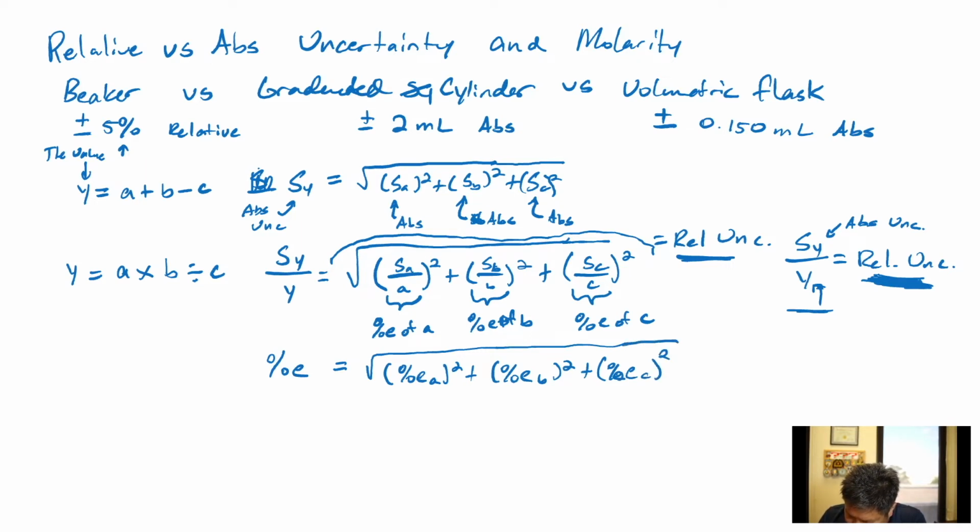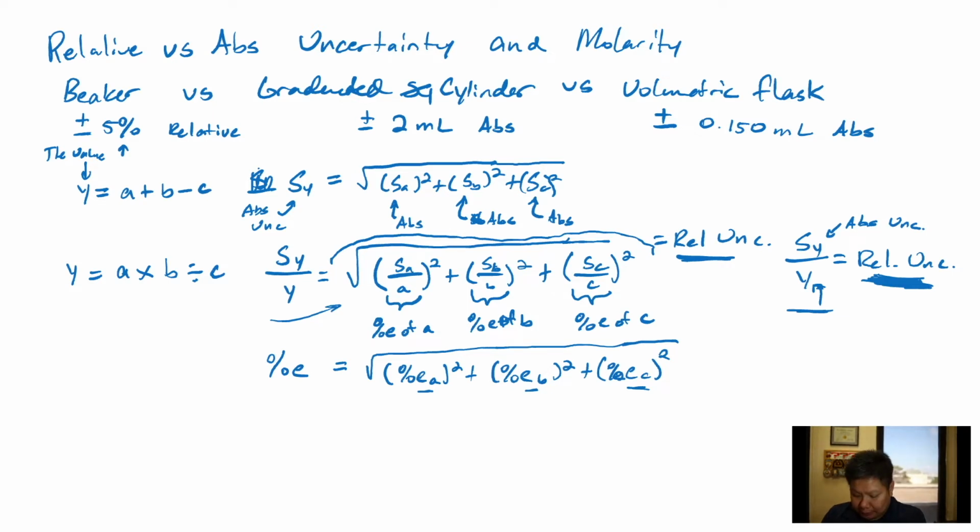And this allows you to do one thing that might make your calculations easier. It allows you to calculate the Sa over A, or the Sb over B, or the Sc over C first, and then plug it in, so you have less to type into your calculator. If you were to type the original equation that I gave you into your calculator, you'd have to type a lot.